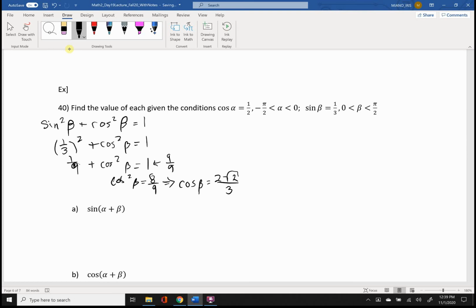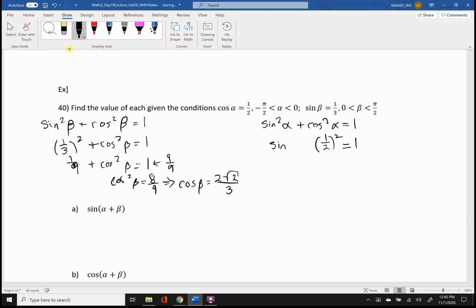Okay, so let's go ahead and similarly solve for sine alpha rather. So sine squared alpha plus cosine squared alpha equals 1, duh. Instead of cosine alpha, let's put in 1/2. Yeah, sorry, checking my notes there. We're good. And square it.